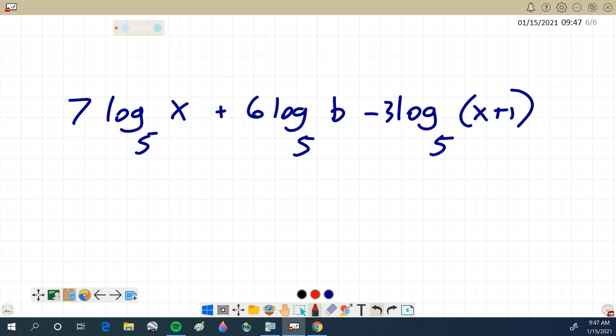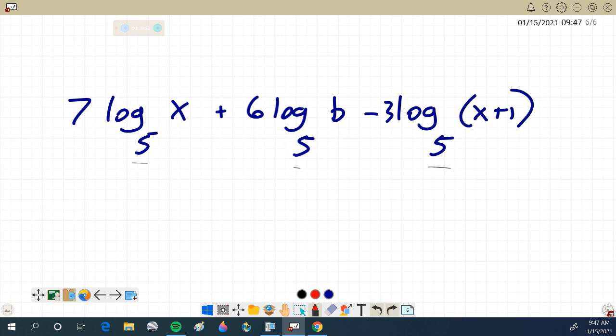Yes. Why? Because they're all log base 5. So in order to put them back together, those have to match. What if one of them was a 6? Right, you can put the 5s together, but not the 6.